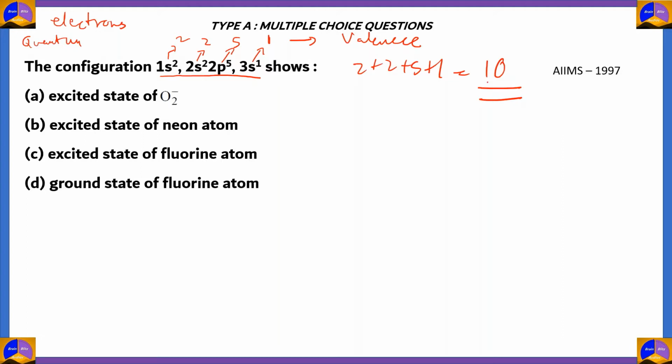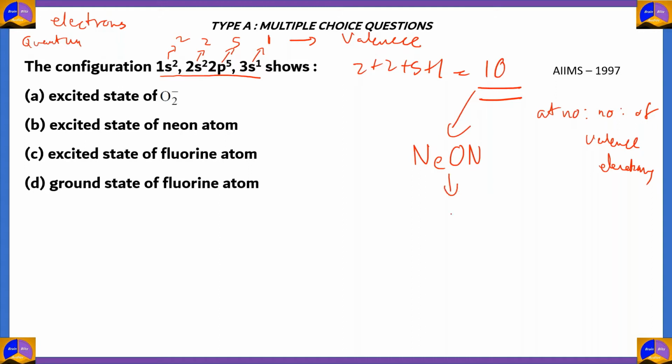Now, when we look at our knowledge of the elements, we know that the atomic number is equal to the number of electrons. And so here we have 10 electrons, and the atomic number 10 is associated with the element neon.